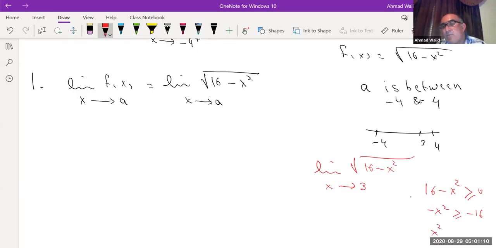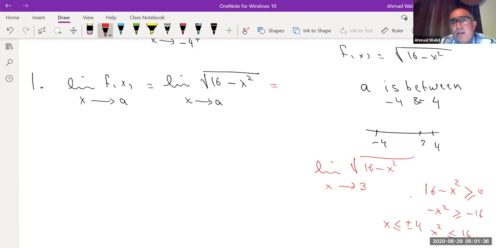It means x squared should be less than or equal to 16. It means x should be between plus and minus 4. That shows that 3 is in the domain of this function. It means the limit of the square root of 16 minus x squared as x approaches a exists, right?